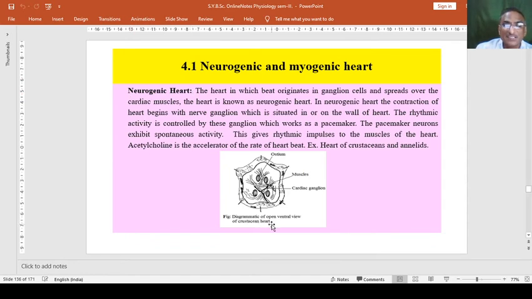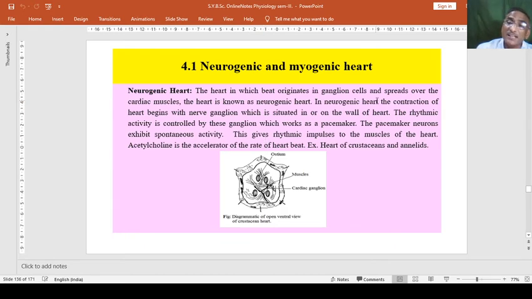Generally insects and crustaceans are neurogenic-hearted animals, and the heart in which the beat originates in ganglion cells and spreads over the cardiac muscles is known as a neurogenic heart.